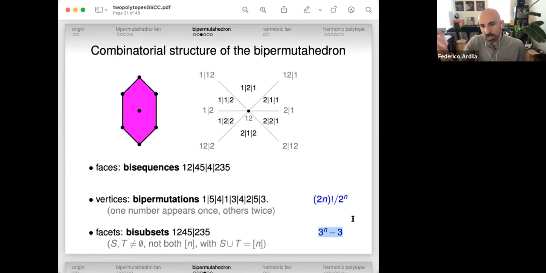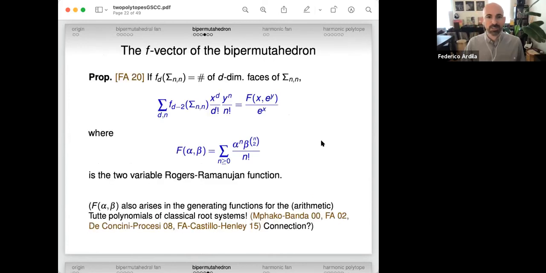And we actually want the whole F vector. And so I want to be able to know, for each dimension, what is the number of faces of that dimension. And this is the kind of enumerative problem that I enjoy solving. So if I want to count the number of d-dimensional faces of the n-dimensional polytope, there's 2 variables, and so it's often very useful to put that into a generating function. In this case, it's useful to put it in an exponential generating function.